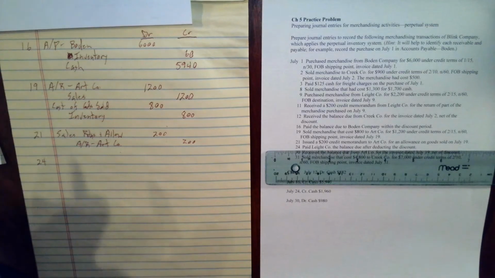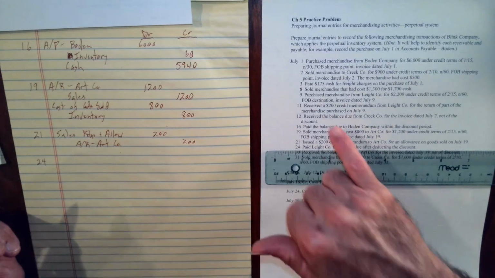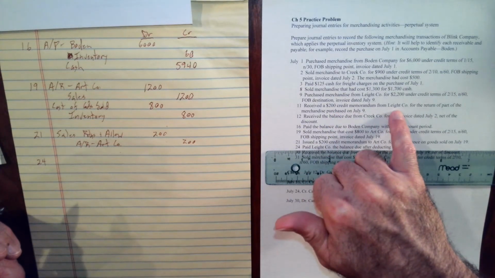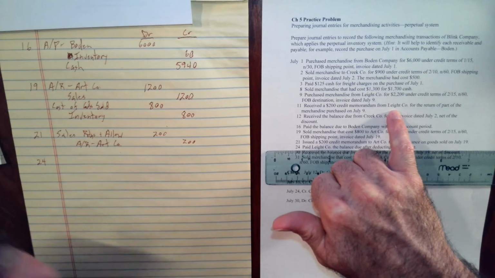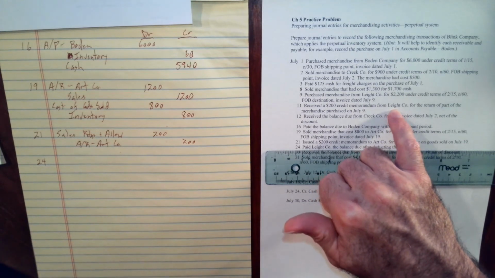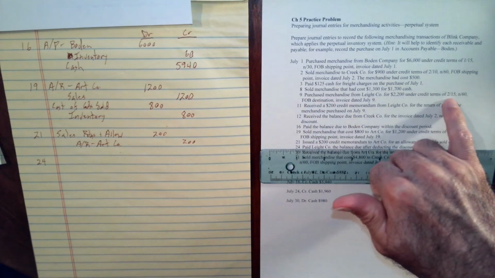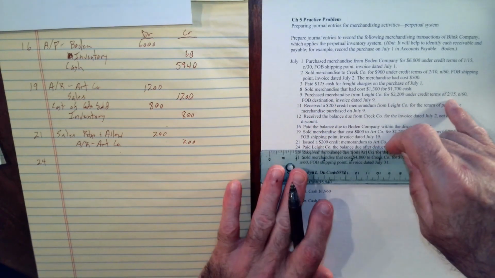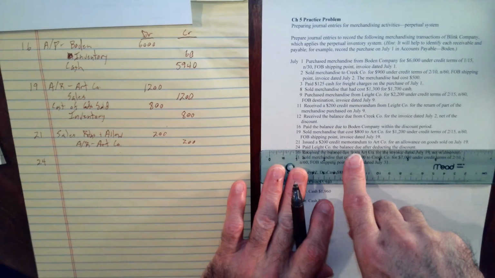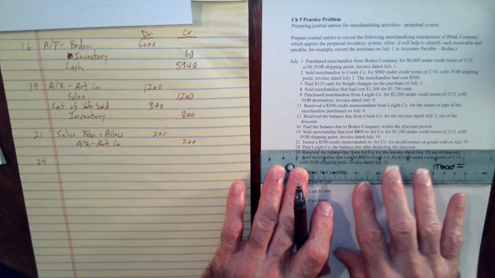Okay, so let's go back here and look at this again. When did we wind up acquiring this from Light Company? This is right here. We purchased it on the 9th, credit terms 2/15, and on the 24th we pay it, so we just made it within that discount period.